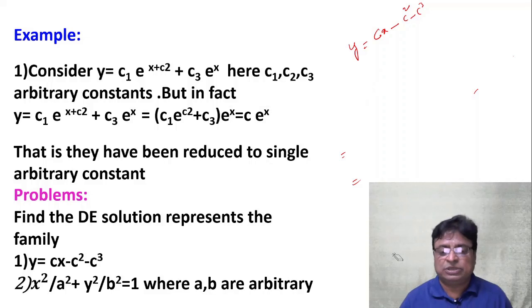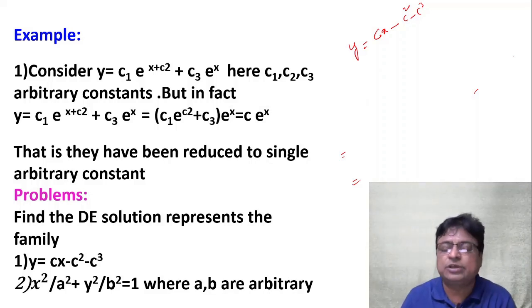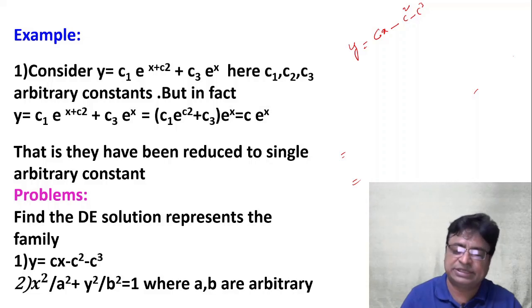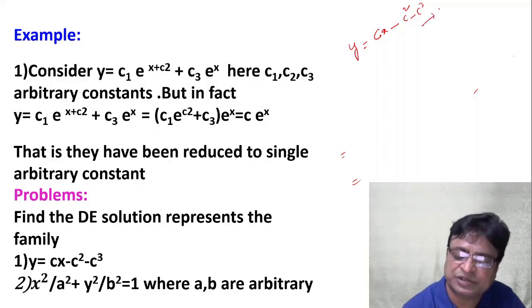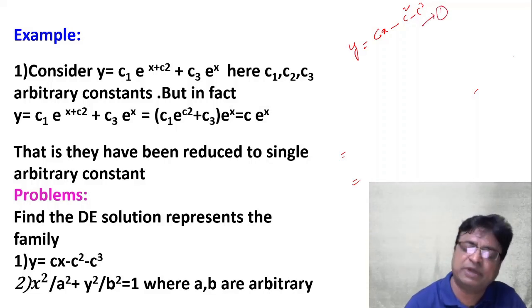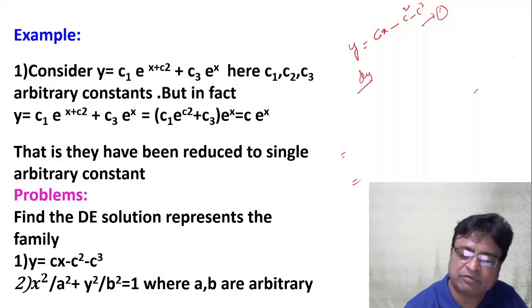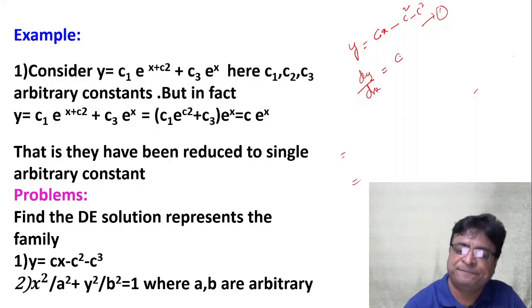See, my friends, c square is not different and c cube is not different. Totally, it is the concept of c only. So these are all only one arbitrary constant. Since the equation has only one arbitrary constant, let it be equation number one. So you differentiate this only once. So you will get dy by dx as c only. This is my equation number two.